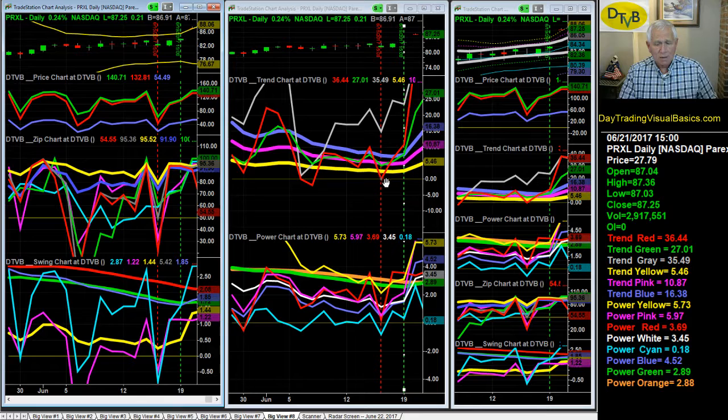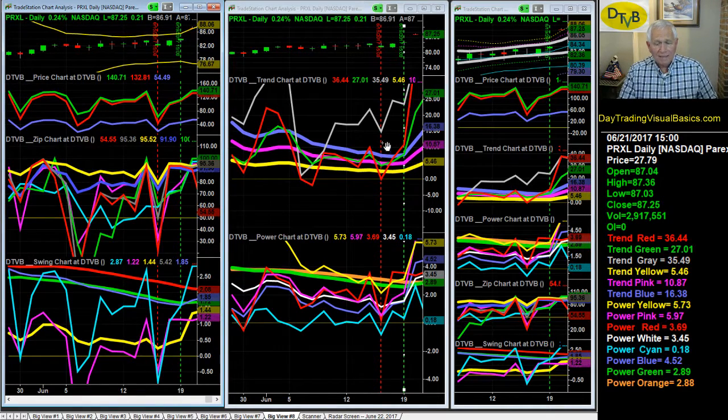Trend red is down touching 0, trend green is down touching yellow, trend gray is down touching high. So that's fine. That qualifies, like the trend red down touching under 0. There's just no particular line or area that it hits. It's just above the blue line.